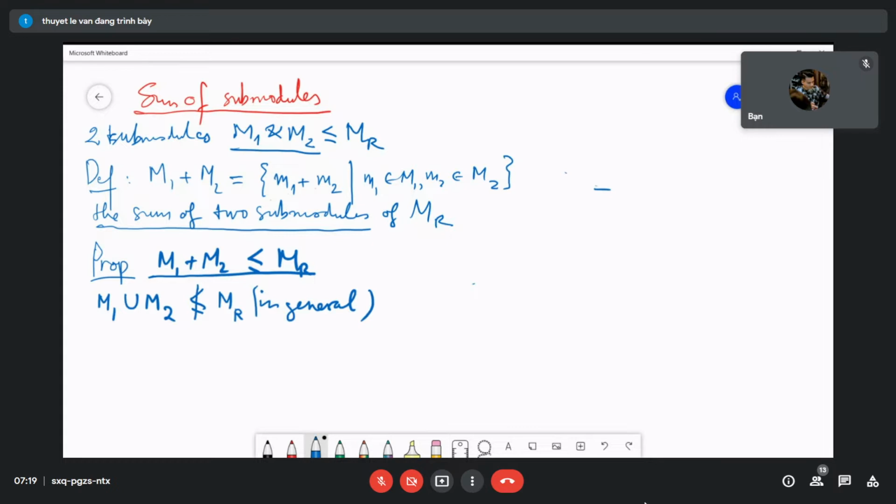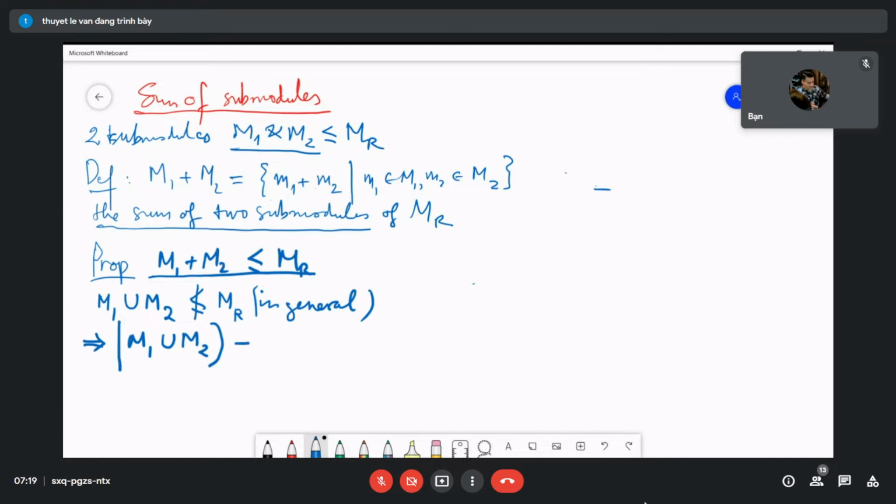So because that is not a submodule, we will take M1 union with M2, and then I will take the submodule generated by M1 union with M2. So what happened?